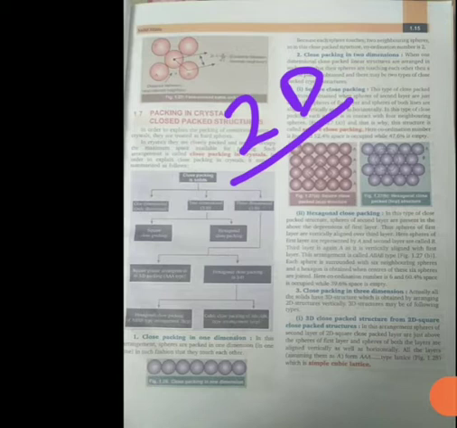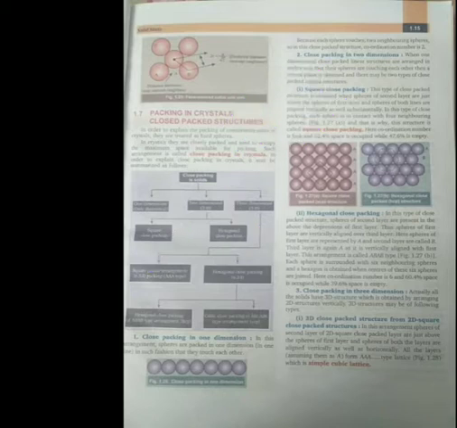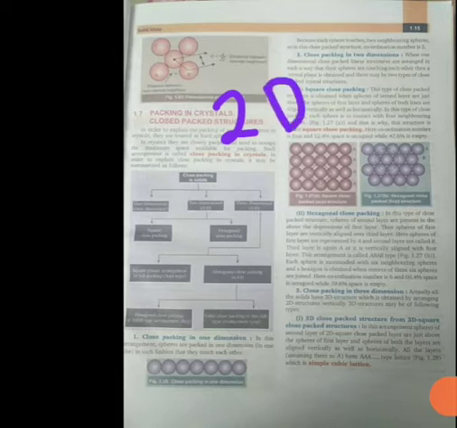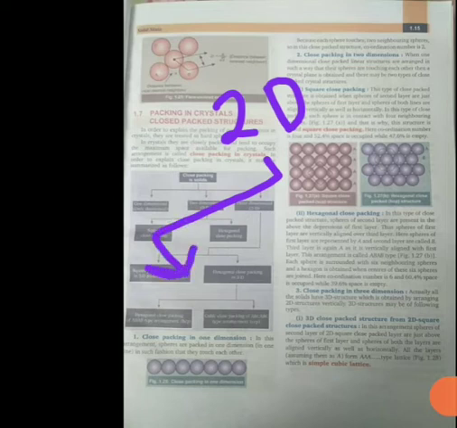This can be done in 2 different ways, because of which you can see 2 classifications. This 2D structure is further subdivided into 2, so we can draw the 2D close packing in 2 ways.